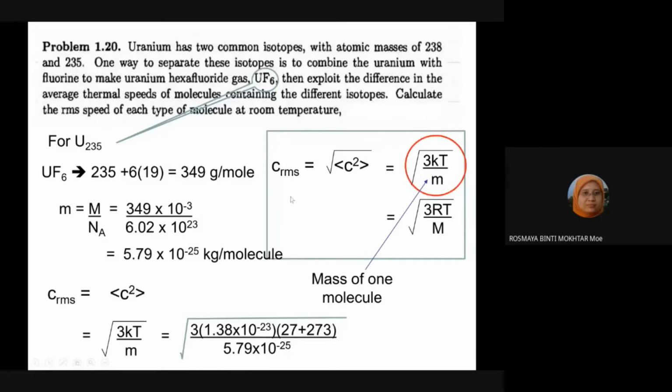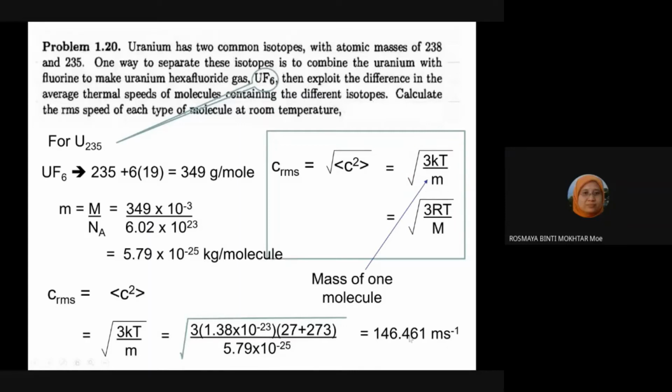Then divide by the mass of a molecule, 5.79 times 10 to the power of negative 25. So the answer is 146.461 meters per second.